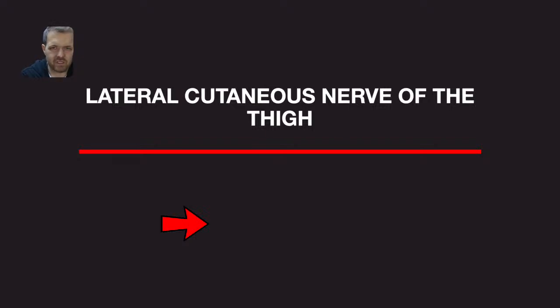If you've got a bit of time this week, have a look at some of the reasons why this may cause you some trouble, and what someone might present with if they've got a compression of the lateral cutaneous nerve of the thigh. So how that compression happens and what kind of symptoms they get. I'll tell you next week, but have a look this week. Just do a little bit of homework.